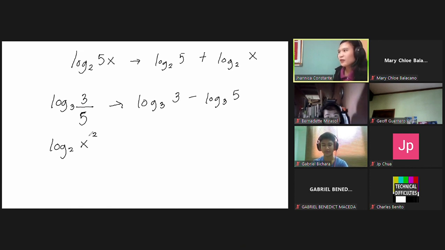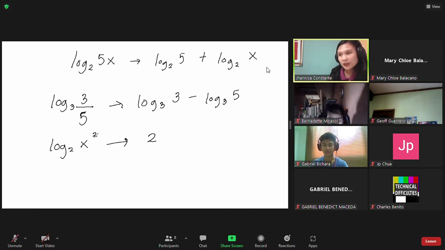To expand using the power rule, we bring down 2, the exponent of your logarithmic function, and then log base 2 of x. So that's how we expand our logarithmic function. Okay na for expanding.